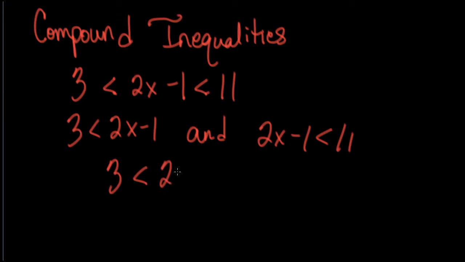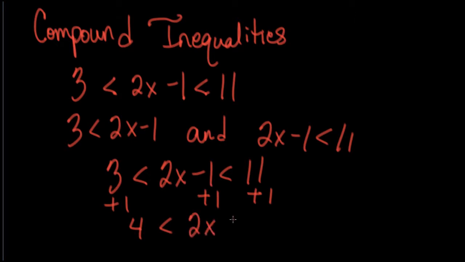3 is less than 2x minus 1 is less than 11. I'm going to start by adding 1 to both sides, just like you would do to a normal equation or inequality. So when you add 1 to all sides, you're left with 4 is less than 2x is less than 12. Now remember, our ultimate goal is to get the x isolated in between the two inequalities.